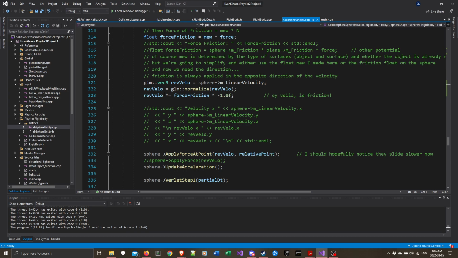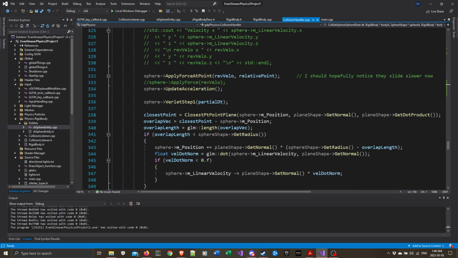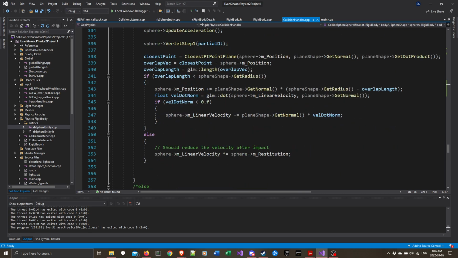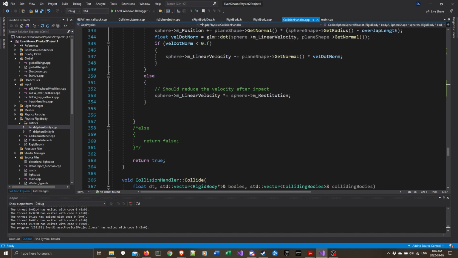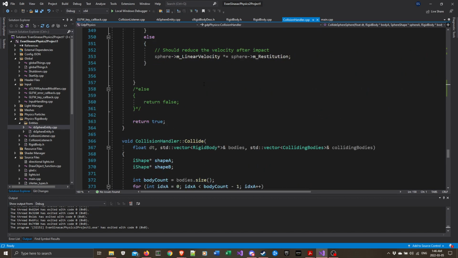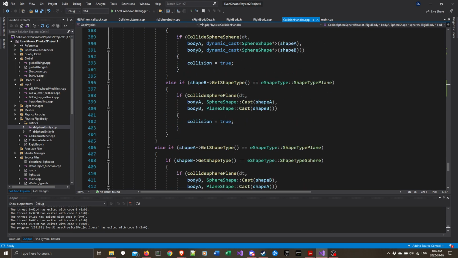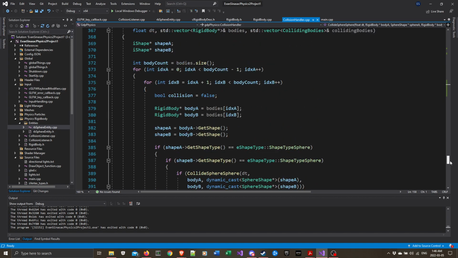So I just get the velocity and normalize and reverse it, multiply it by the force of friction, and then apply the force at the point, and then update and call Verlet again. And then I don't remember what this is for, but it's part of the stuff that we just had. And I changed nothing in Collide.